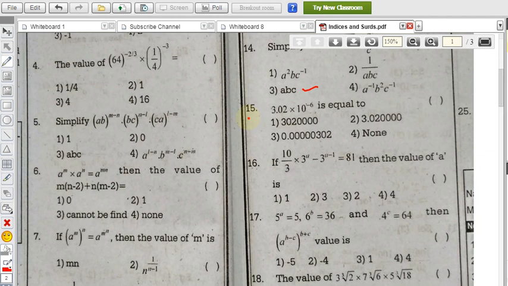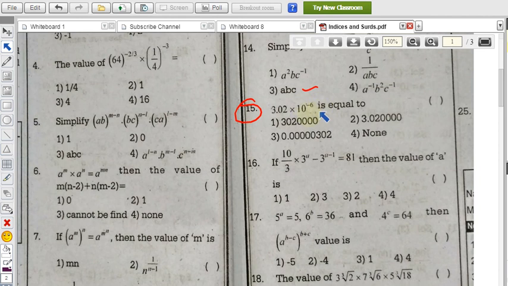Now, whenever there are decimals with exponents, like question 15, 3.02 into 10 power minus 6. So 10 power minus 6 means 1 followed by 6 zeros in the denominator. If you know that you can solve it, otherwise you can do a simple shortcut. The decimal point should go left 6 places because it is 10 to the power minus 6.